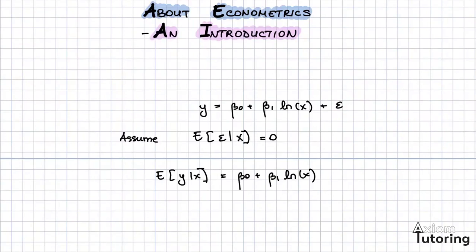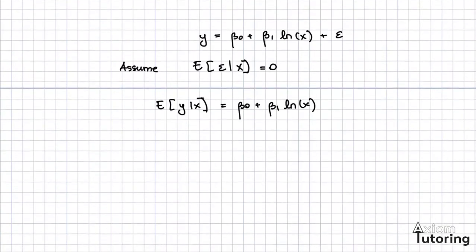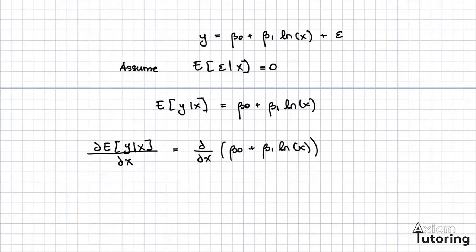Now let's compute the marginal effect. For changes, so derivatives, of the expectation of y on x with respect to x, we take the derivative with respect to x of the entire expression that we just found, beta 0 plus beta 1 ln x.